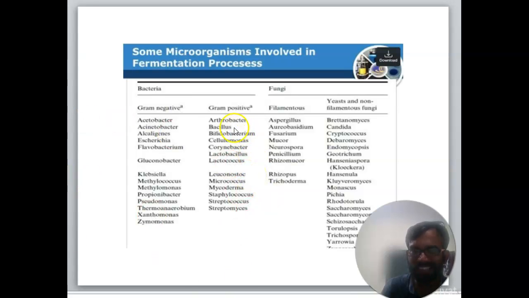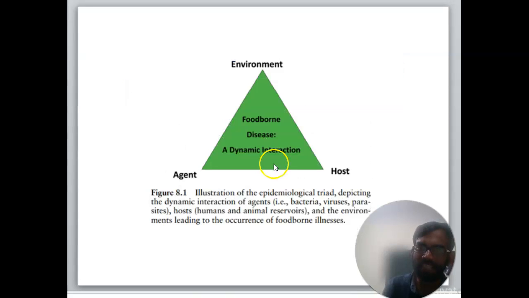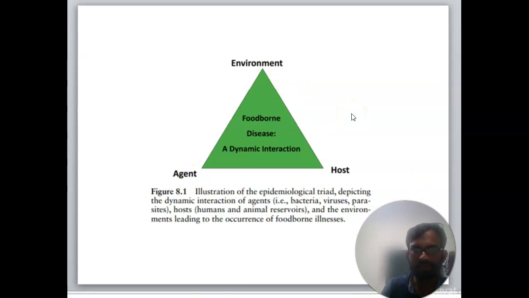These are a few bacteria, or microorganisms, involved in the fermentation process. And you can see environment, agent and host. These are the main factors, the triangle of factors affecting meat spoilage. This is foodborne disease and the dynamic interaction of agent, host and environment. These are the triangle factors, especially for meat spoilage.